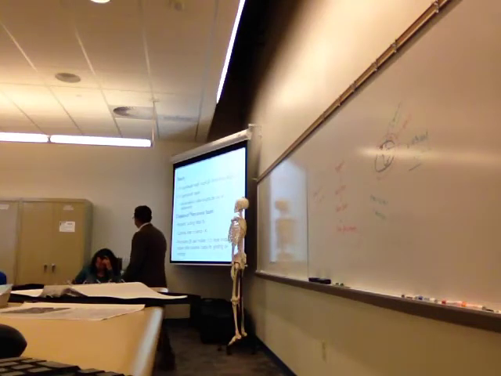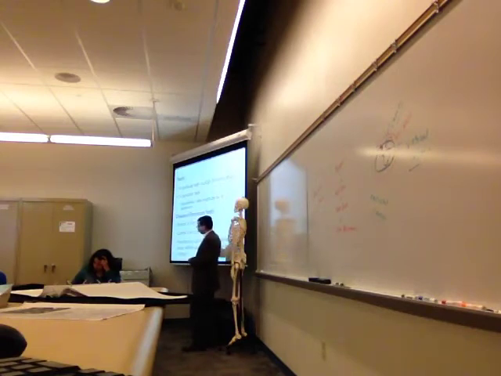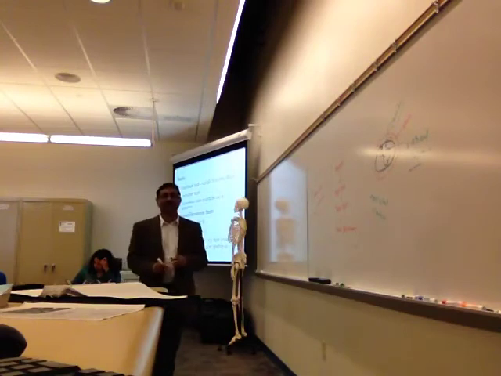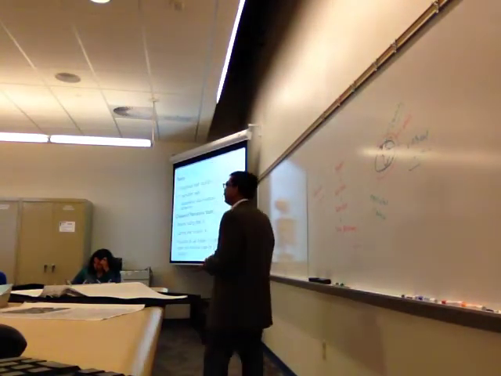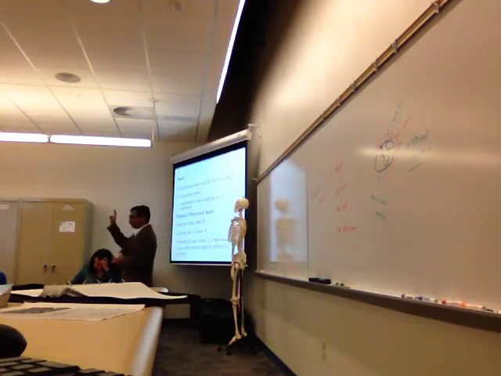Premolars, we have 8. So in one arch we have 4, and molars we have total 12. So in each arch we have 6. Now, if I ask you the arch, how many arches we have? 2. One arch is attached to the maxilla, another is attached to the mandible, right? Now, in each arch we have how many halves? 2 halves, right?